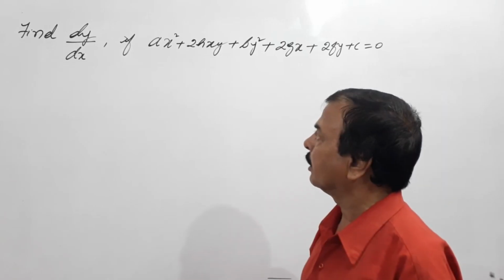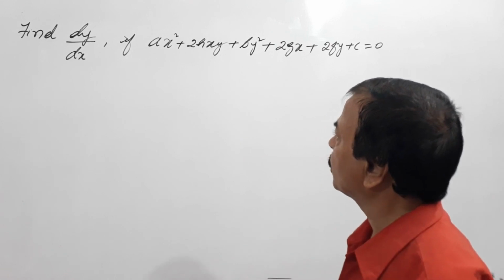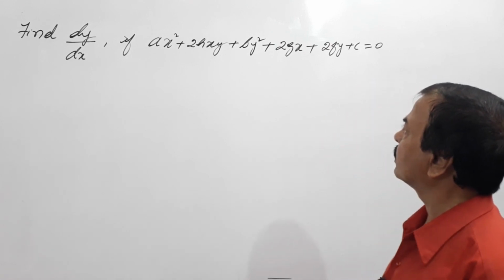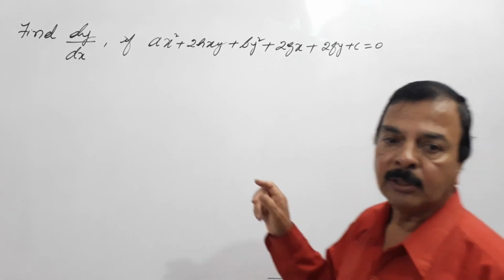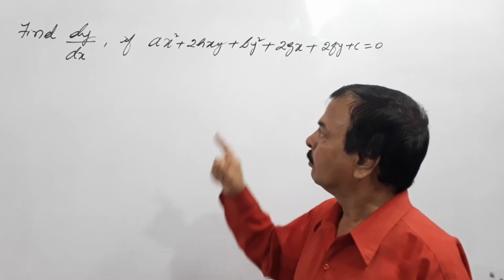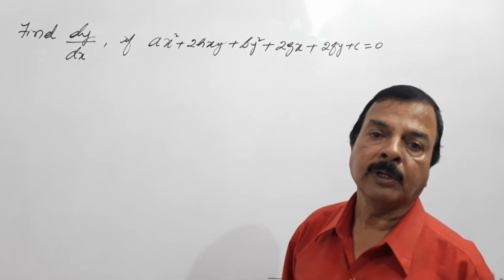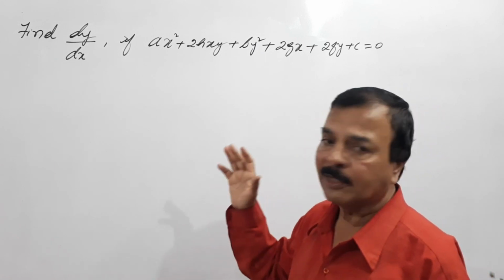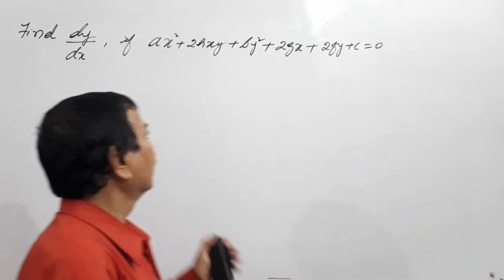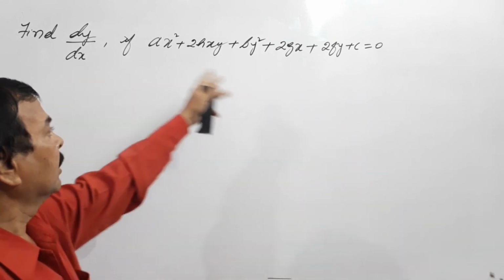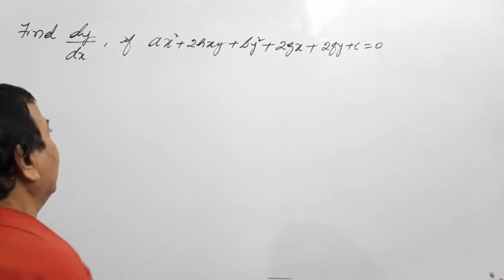Given, find dy by dx if ax square plus 2hxy plus by square plus 2gx plus 2fy plus c equals to 0. So we have to find dy by dx, but this is an equation to a straight line. So let's find dy by dx. So dear students, to find that we have to differentiate both sides with respect to x. So what happens here?